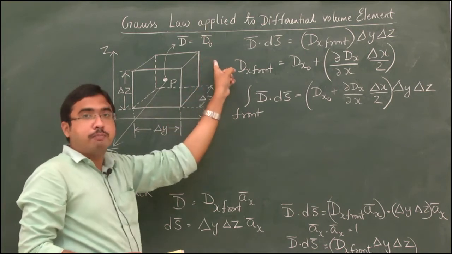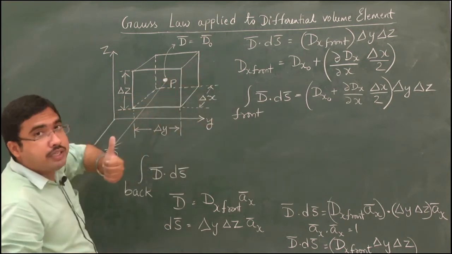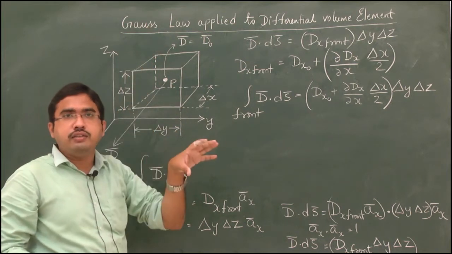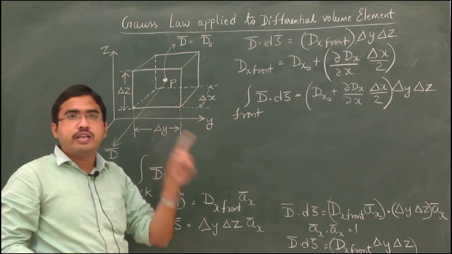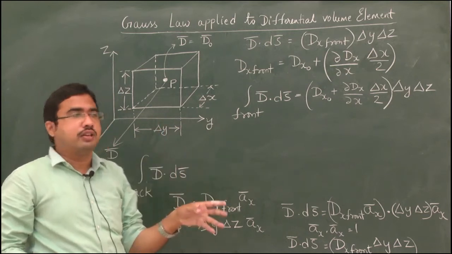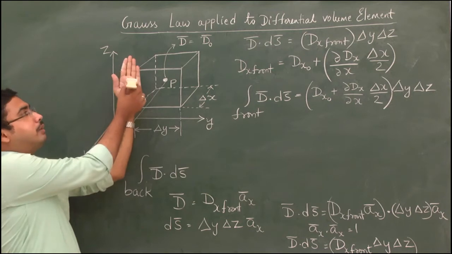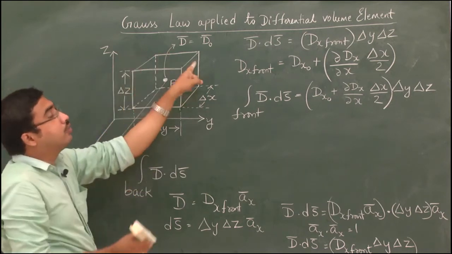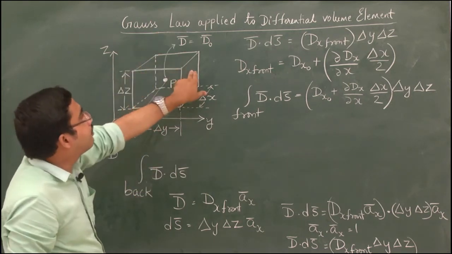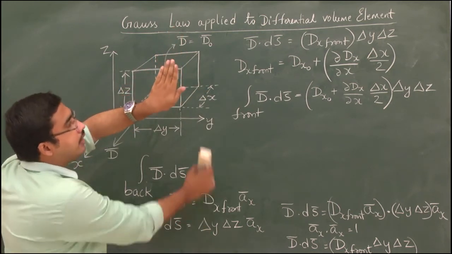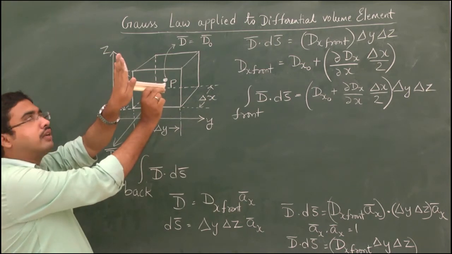If you are looking from the back side, D bar will be towards that side. Whichever surface you are considering, D bar should always be perpendicular to the surface. If you are looking from the front side, D bar will be perpendicular like this. If I observe the back surface, D bar will be perpendicular to that back side.